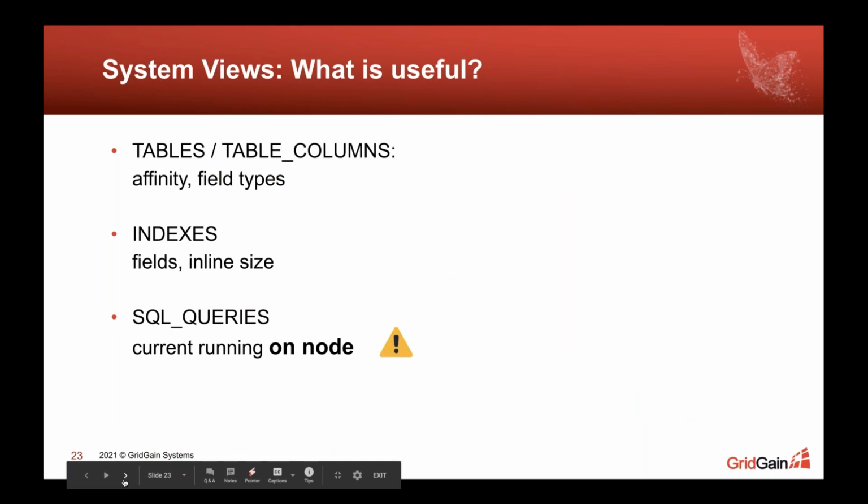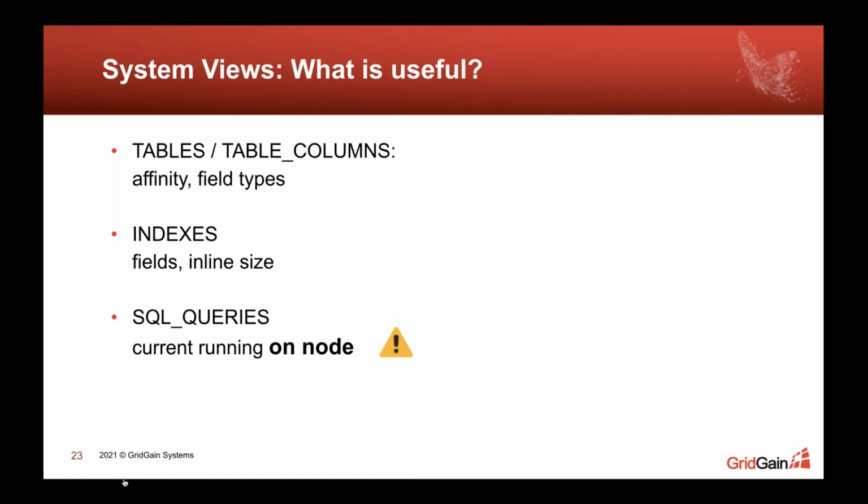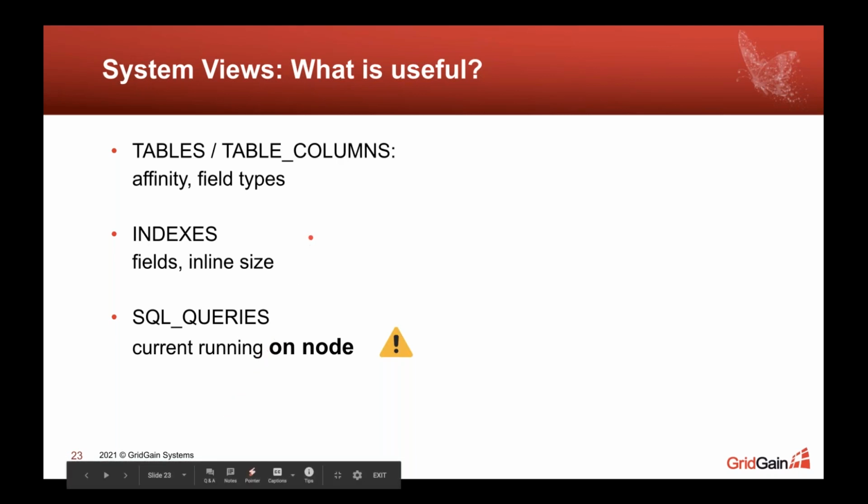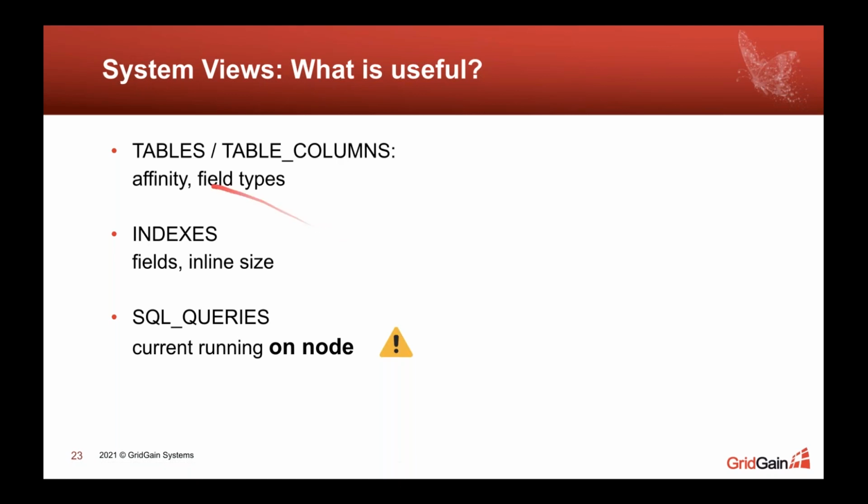What useful stuff can we extract about our data structure? We can get information about table layout, for example, including affinity and types. It's very important. I'll give you more details about this topic later, especially about indexes and inline size in particular.